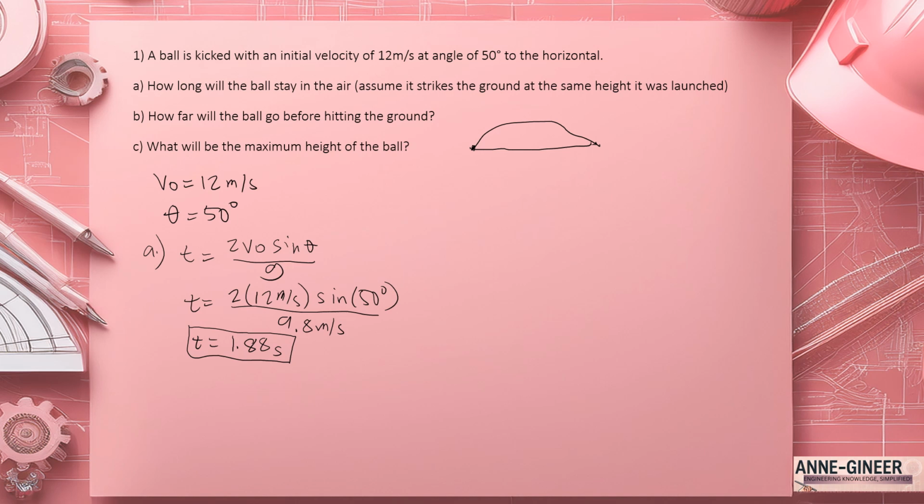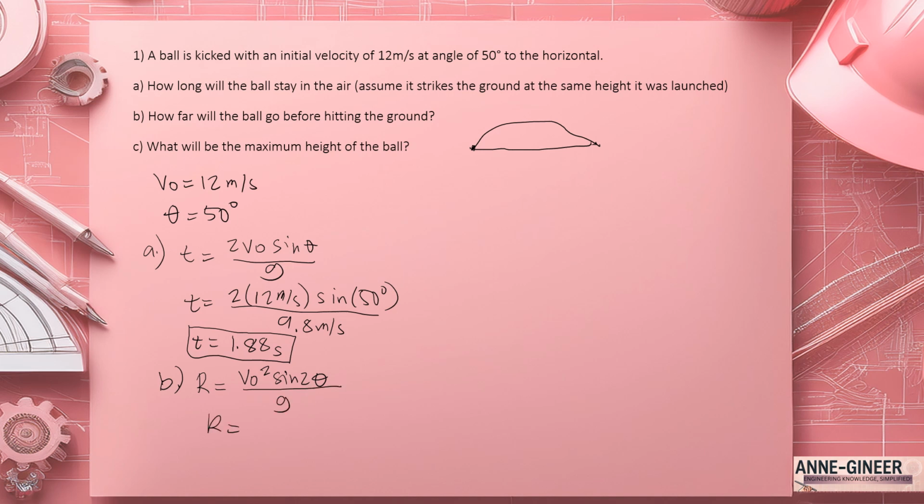And then next, how far will the ball go before hitting the ground? Here, the question pertains to how far the ball will go, so it means it is the range. From the formula for case 1, the range is V0 squared sine 2 theta over g.